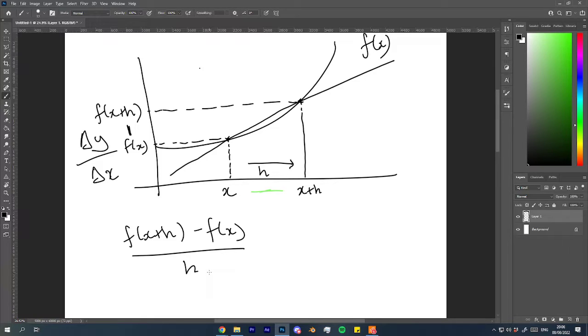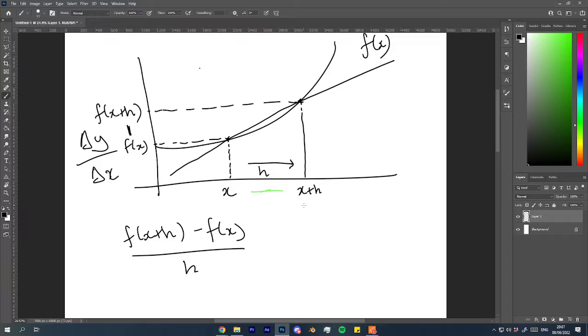Our difference in the x-axis is h. Our difference in the y-axis, I've written down as just a normal subtraction. Even if we subtract in the bottom, this is basically what's going on. Here it just cancels out, and we're just left with h.